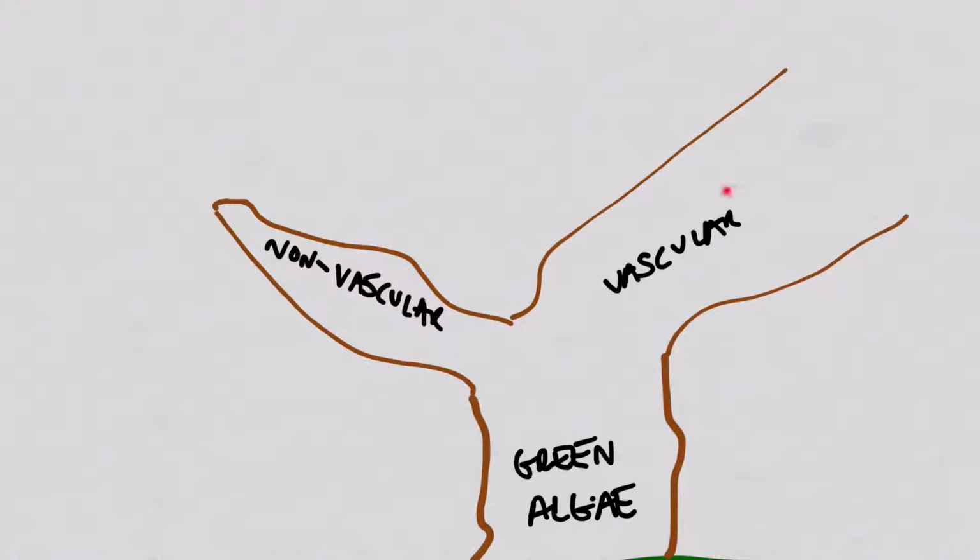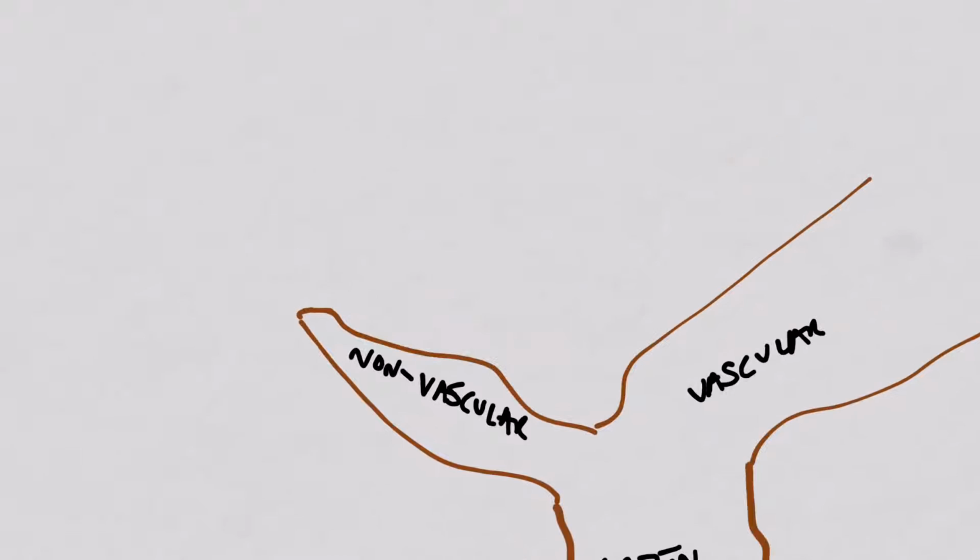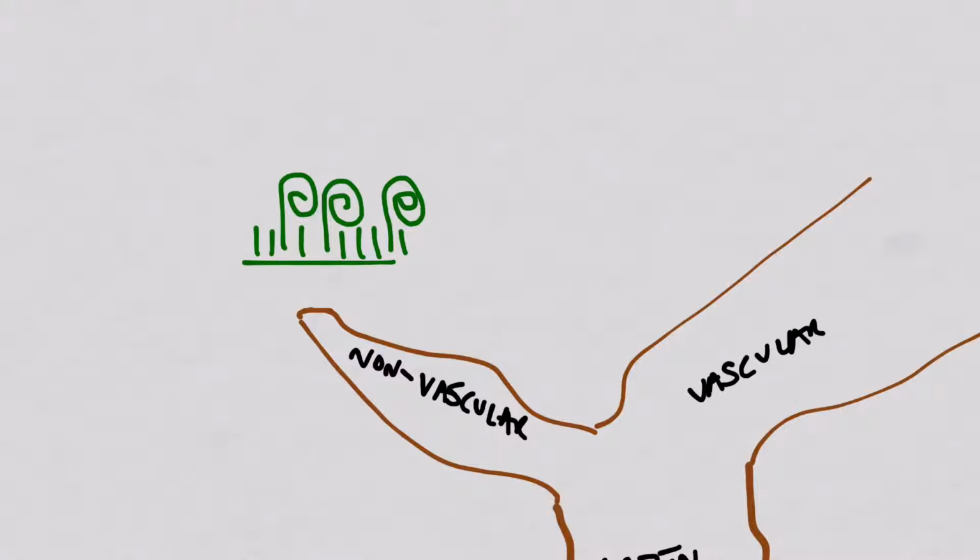So many plants have a vascular system, but mosses do not. So, let's draw some mosses. A characteristic of mosses that you all probably would recognize is that they're very low to the ground.